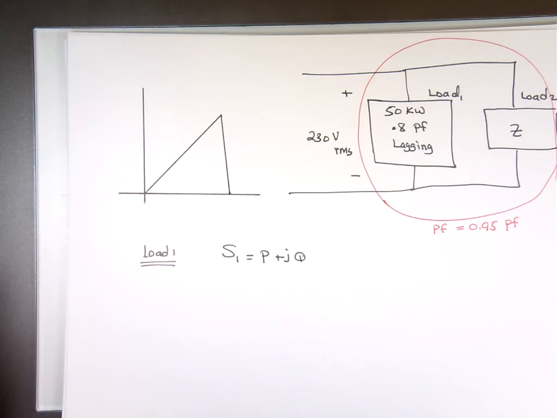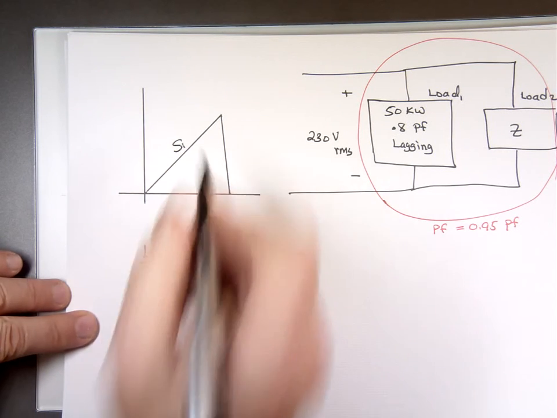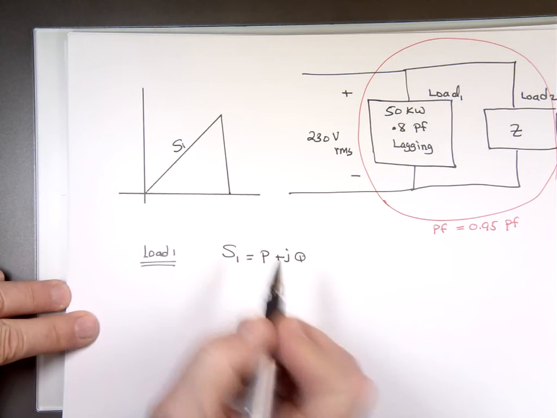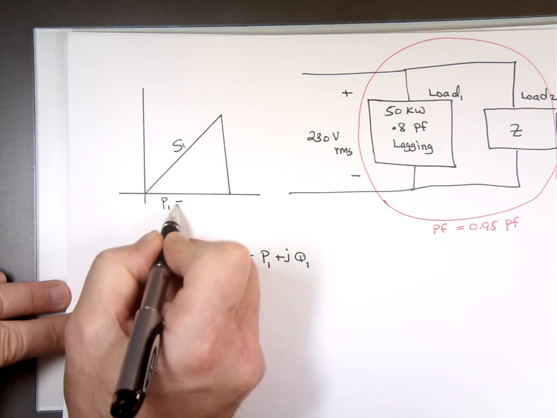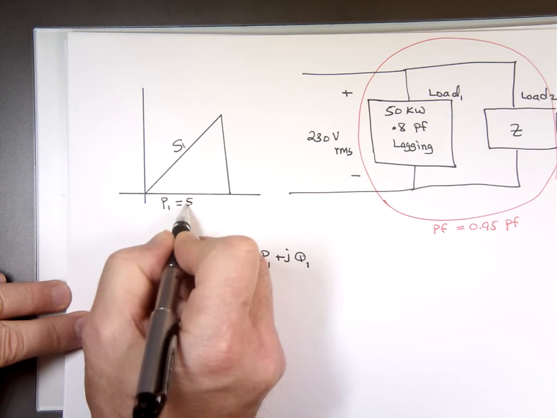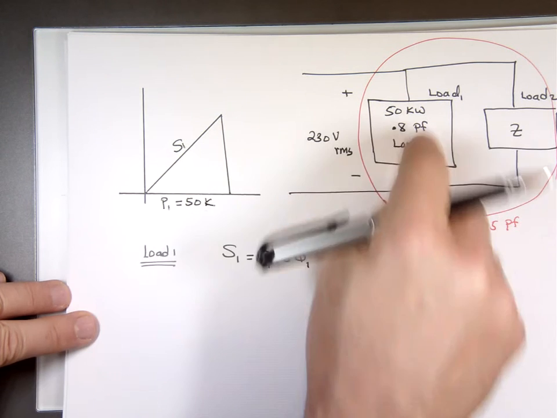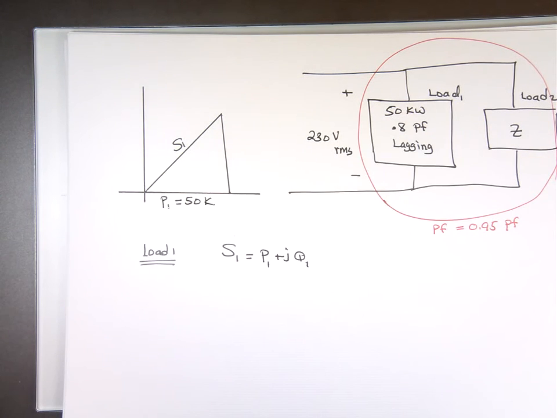This is your S1 for load 1. I know the real portion of it, P1, and Q1. P1 is 50,000, 50 kilo. The units are watts, that tells you that's average power. That's why the unit is so important there.